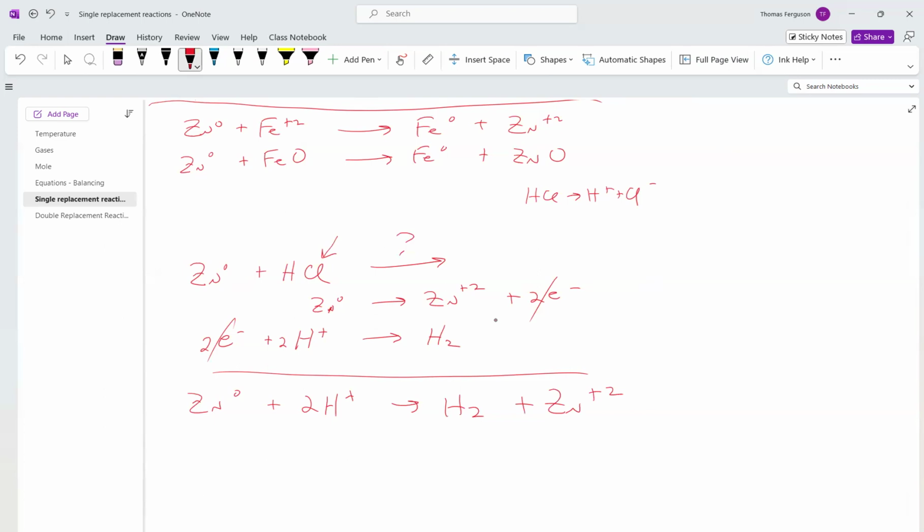Right? The Cl doesn't do anything. It's just carried along. So the original Cl was part of the acid. So the last step is put the spectator ion back in.